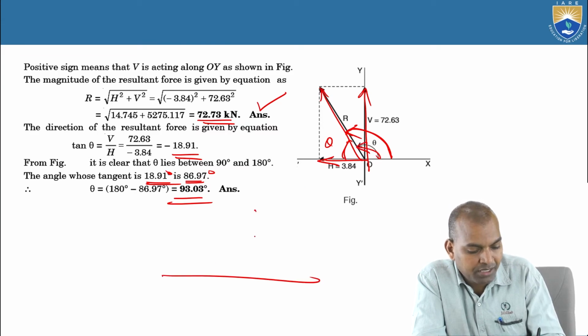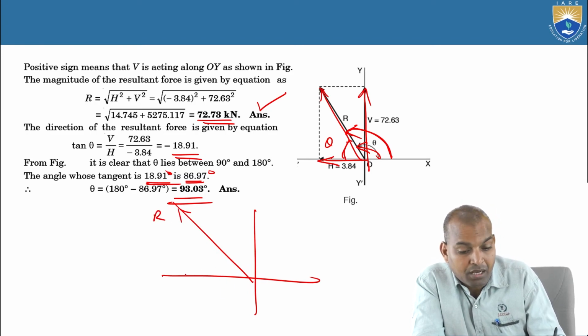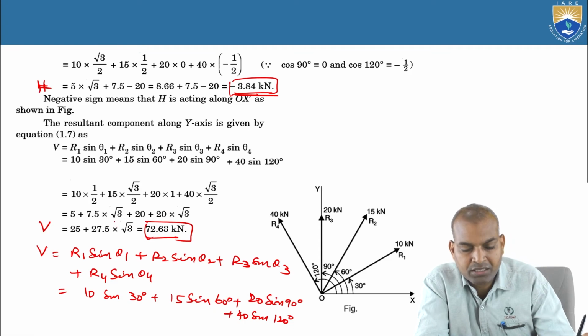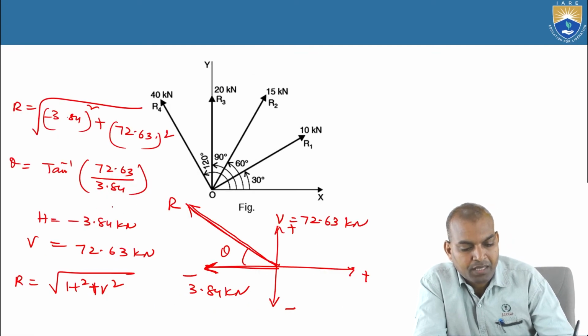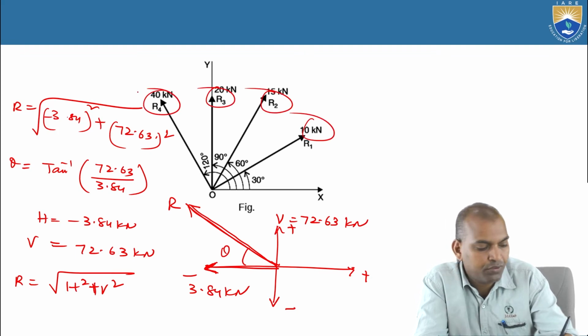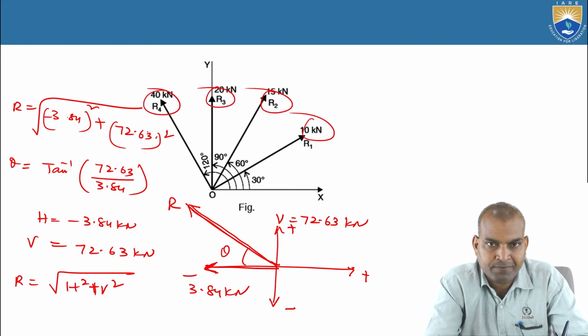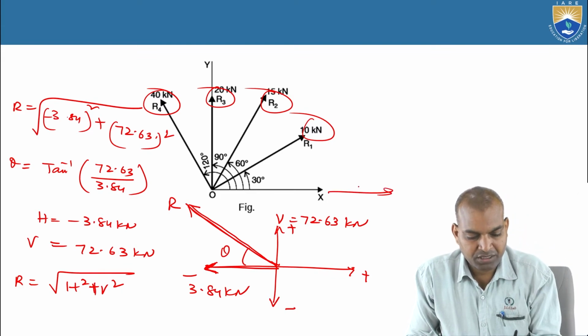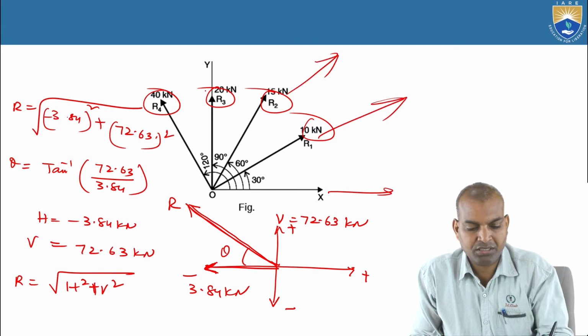But the resultant force is acting in this direction. Please understand here how to find the forces. The number of forces acting here are R1, R2, R3 and R4. There are 4 forces acting on this, and the angles are all moving in this direction.